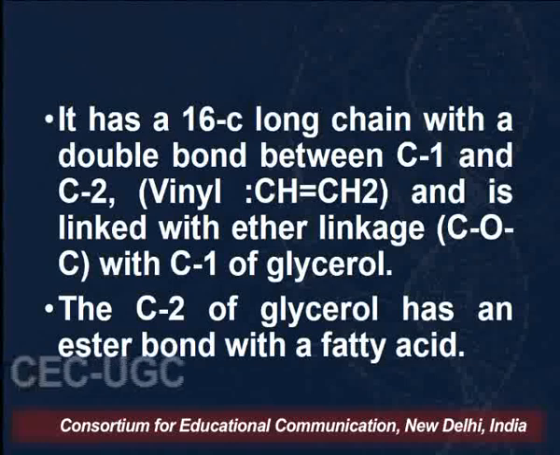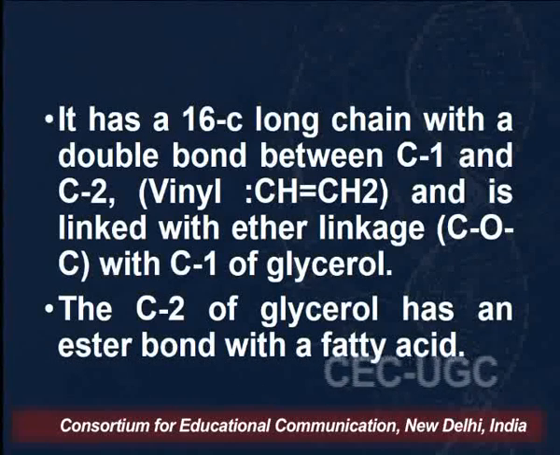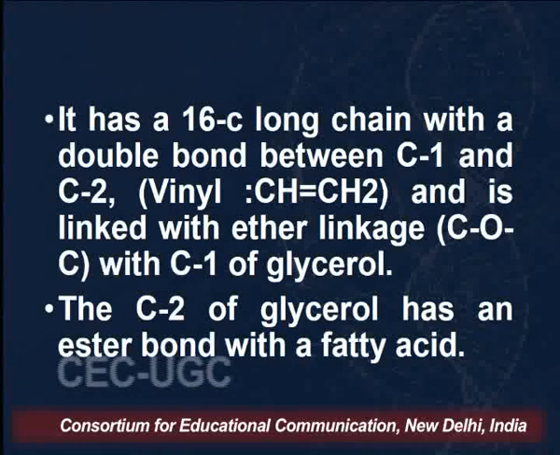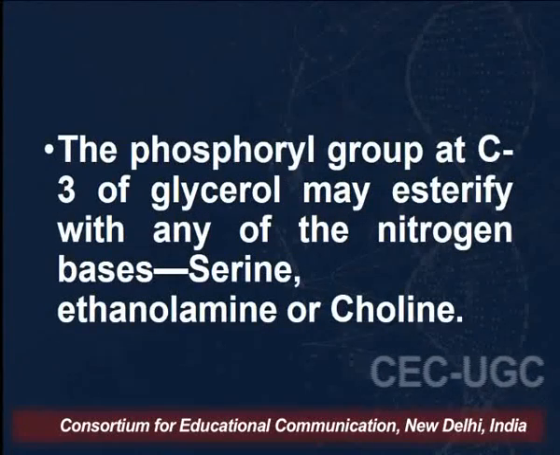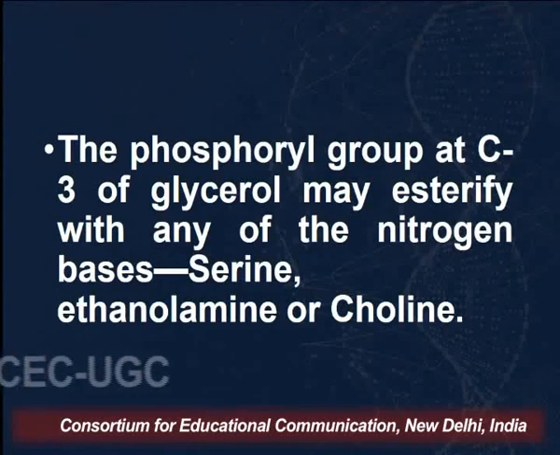That is, it has a vinyl linkage, and this is linked with an ether linkage, that is a C-O-C linkage, at C1 of glycerol. And C2 of glycerol has an ester bond with a fatty acid. The phosphoryl group, which is present at the C3 of glycerol, may esterify with any of the nitrogenous bases, which may be serine, ethanolamine, or choline.